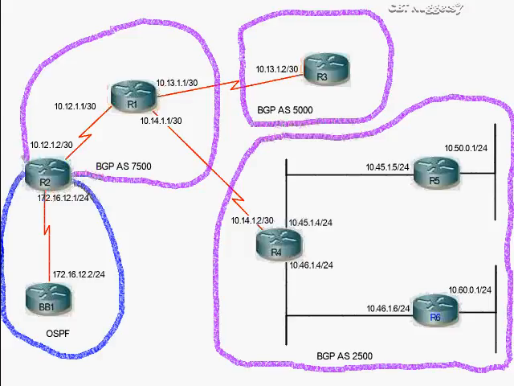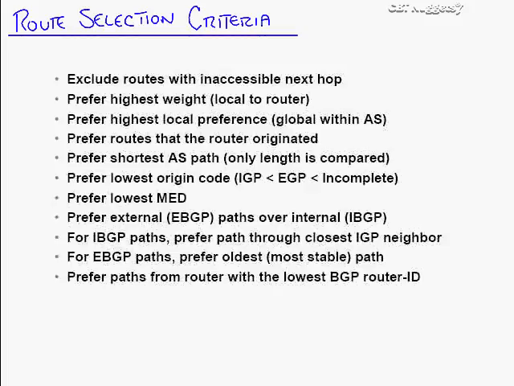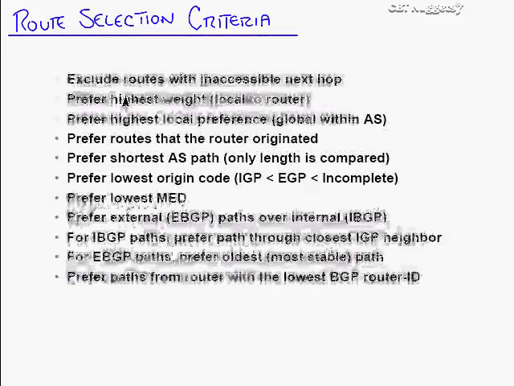Now let's go back to that chart showing what BGP routes are preferred. This is the one I was talking about, where we go through the route selection criteria. So the first thing I want to do is define why we're changing the origin. If you look down here, you see, exclude routes with inaccessible next hop, prefer the highest weight, local preference, and so on. As you go down this list, you'll notice that most of the time, things will be equal.